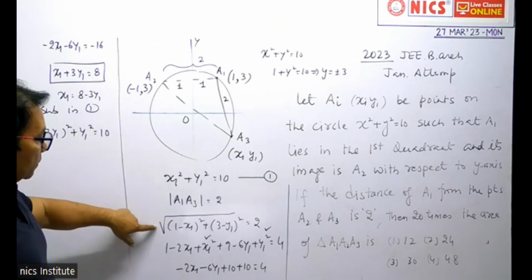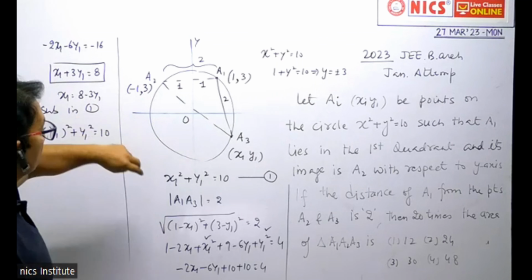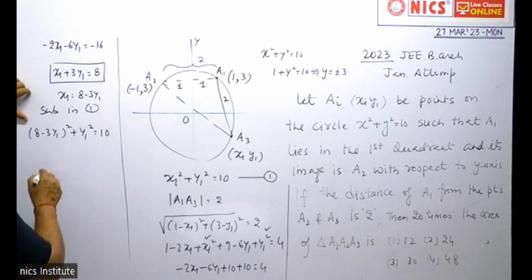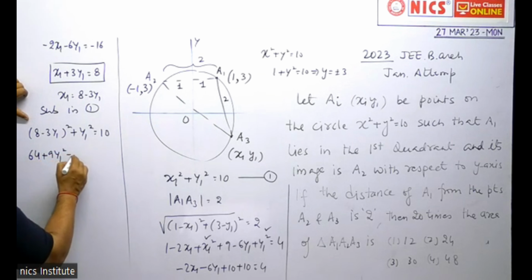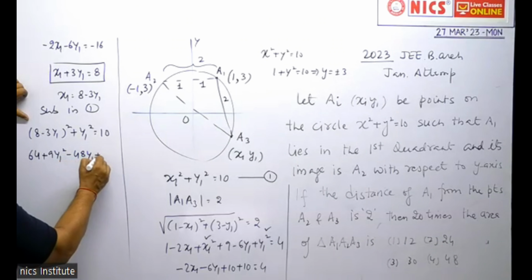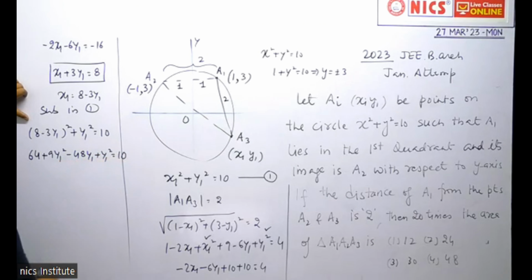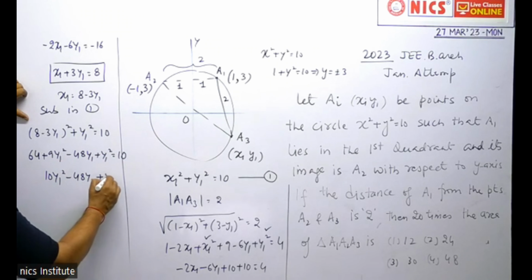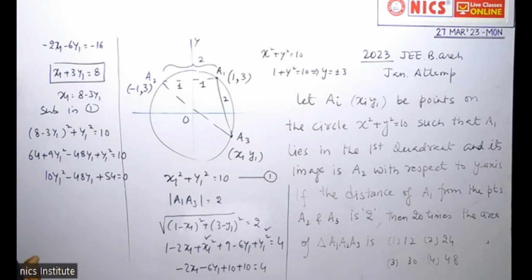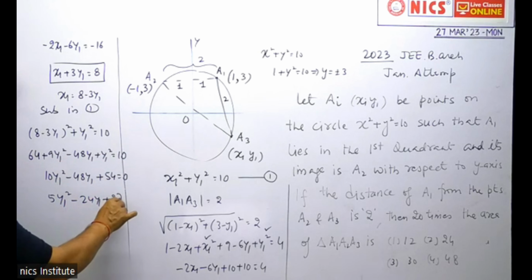Distance was 2, we applied the distance formula, squared this, simplified this, and now this quadratic: 64 plus 9y1 square minus 48y1 plus y1 square equals 10, or 10y1 square minus 48y1 plus 54 equals 0. Can divide by 2. So 5y1 square minus 24y1 plus 27 equals 0.